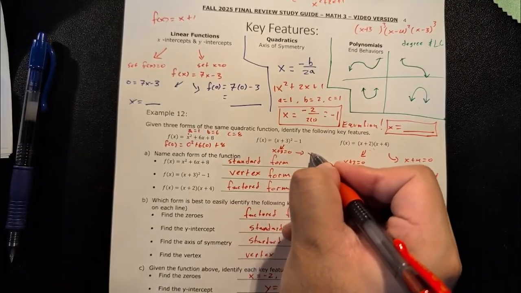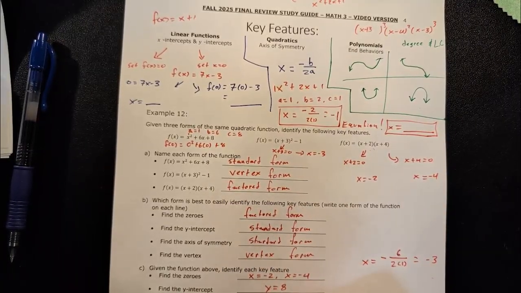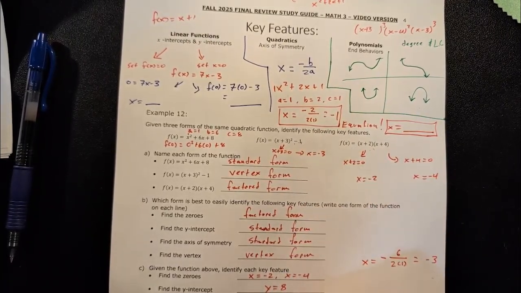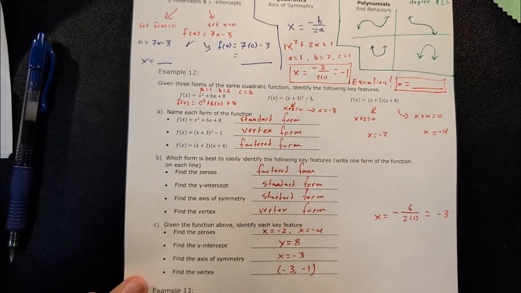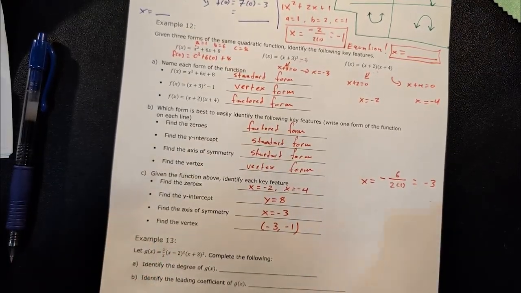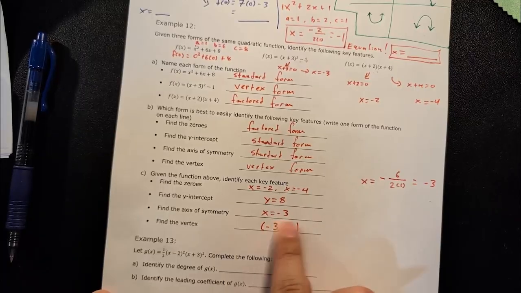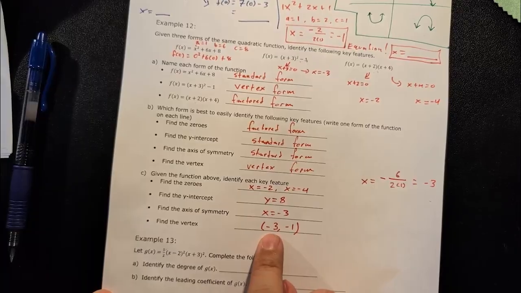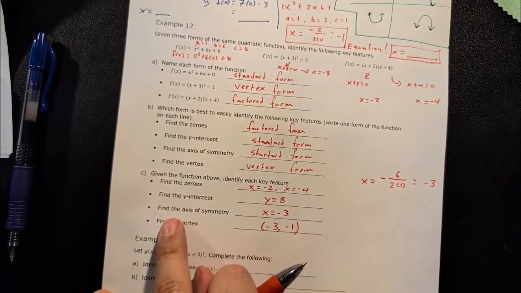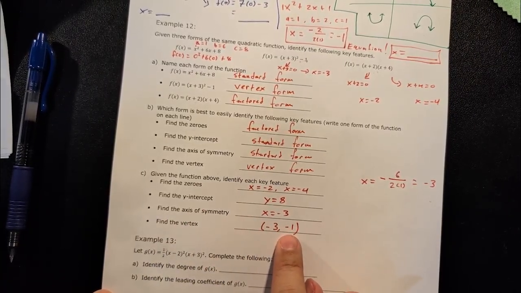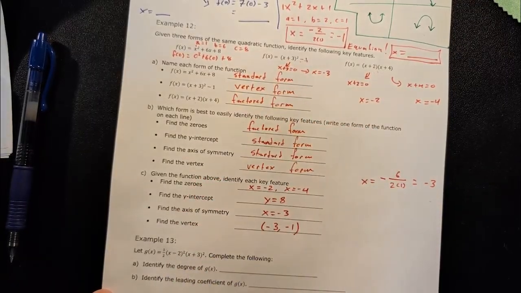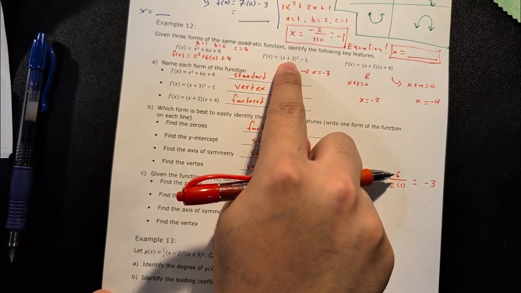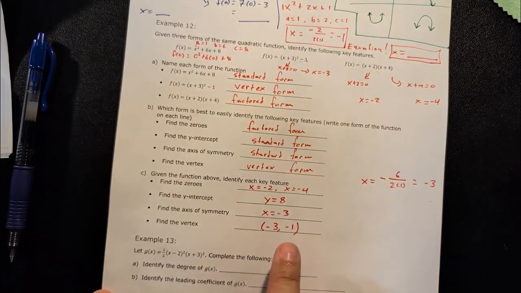We get x equals -3, and then just -1. Oh, my bad. So for the axis of symmetry, we solve this to get x equals -3, and then finding the vertex, the x value is always going to be my axis of symmetry, and to get my y value, I just plug it in. If I plug in -3 here, I get -3 plus 3, 0 squared, so 0 minus 1, -1.